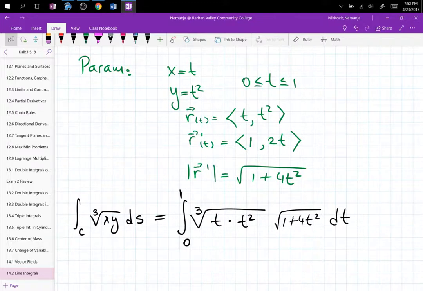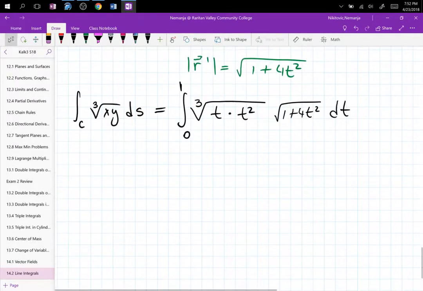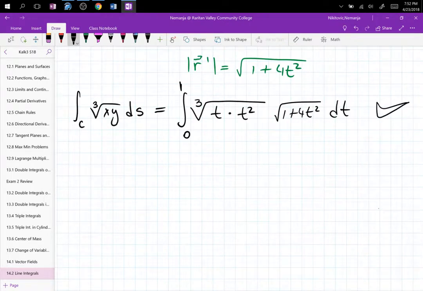Use a u sub on 1 plus 4t squared. Fix the coefficient of 8 and you're done. They have all of this explained in a procedure, boxed off on page 1063 of your textbook. There we go. Solve that.